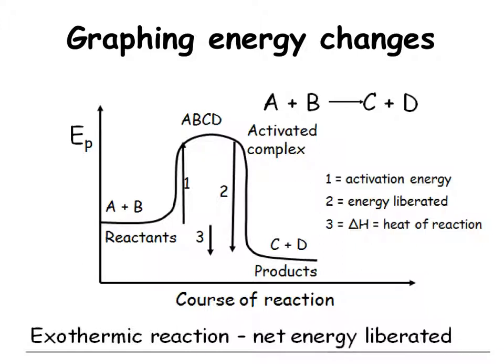In this reaction, I am letting out more energy than I put in, so it is an exothermic reaction. I take the energy of the products and I take away the energy of the reactants. Let's say this read 10 here and 20 there. If I took 10 minus 20, I would get a negative value for the heat of the reaction.